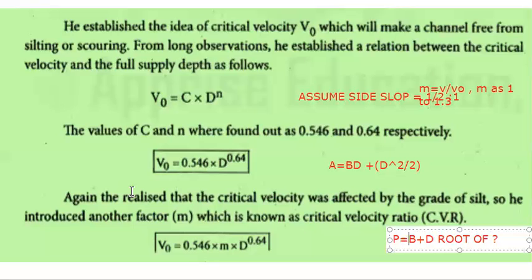And you can find the depth. From the depth, you can find the bed width and the hydraulic mean depth, right? And then you can find the bed slope from Kutter's equation and go ahead. So these two cases and criteria were there.